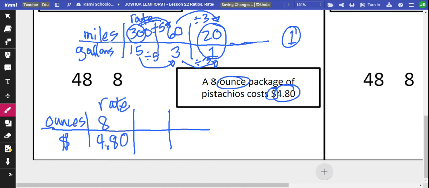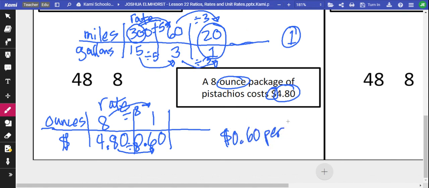So it looks like 8 can go into 48 and 8 can go into 8. So we might actually just divide both of these by 8. So 48 divided by 8 would be 6. And then there's one decimal place value. So we put in one decimal place value over there. So the unit rate would be 60 cents per 1 ounce, or oz.